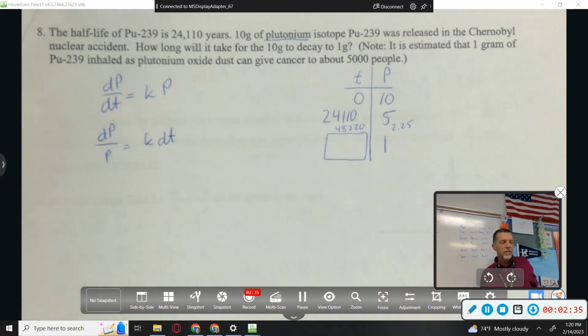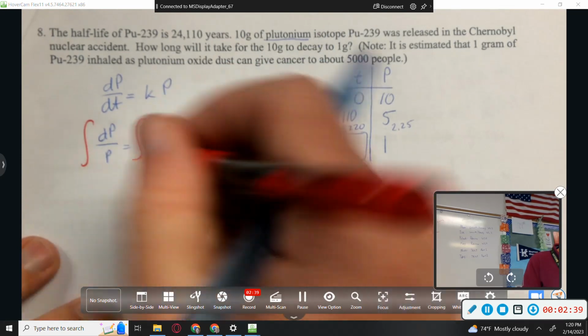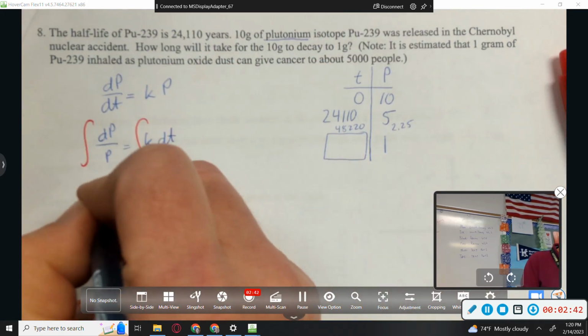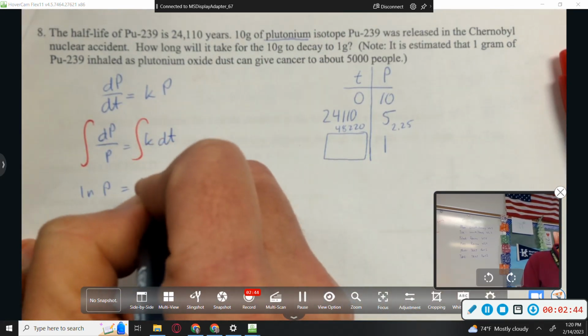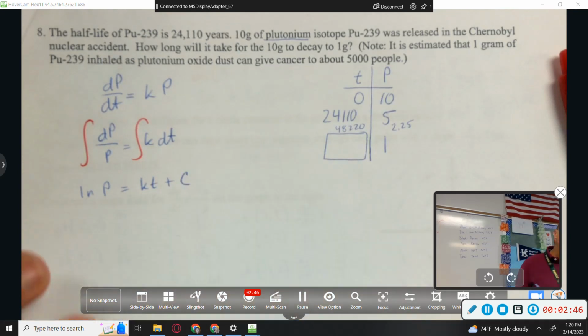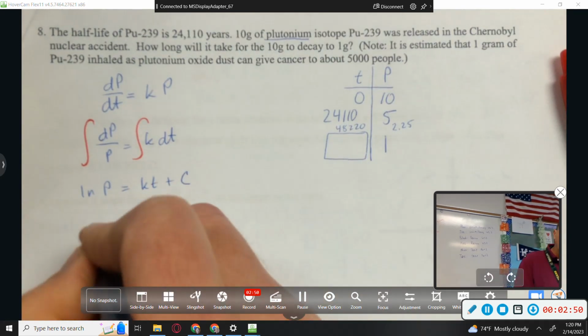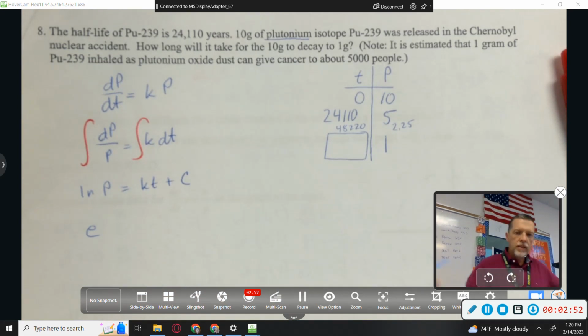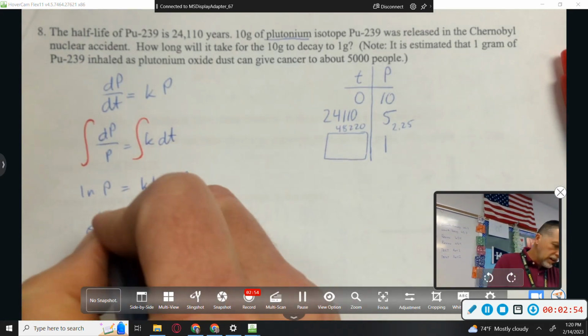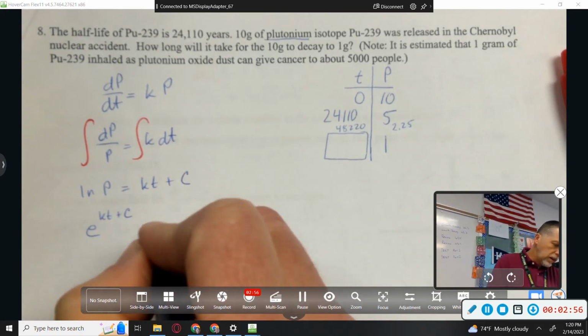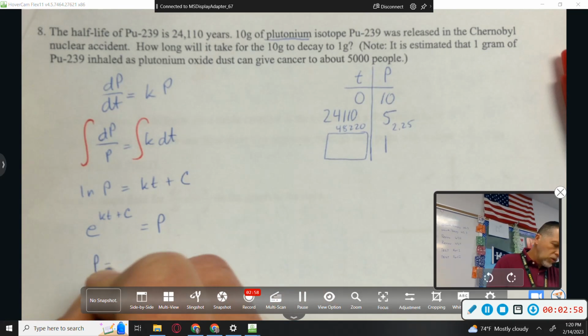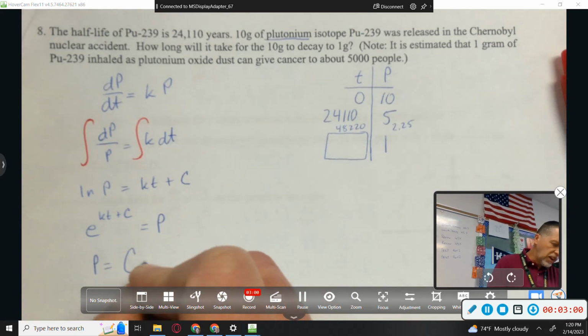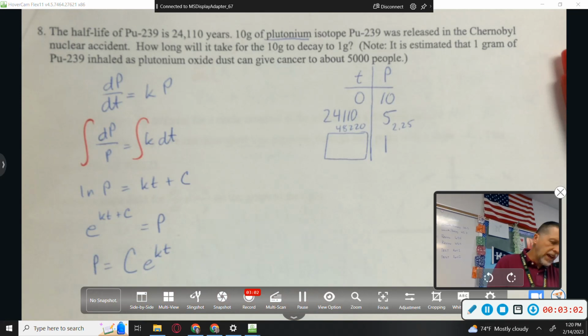Integrate. So natural log of P equals KT plus C. E to the KT plus C equals P. So P equals C, a different C, e to the KT.